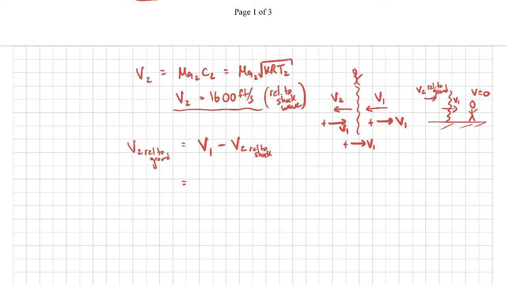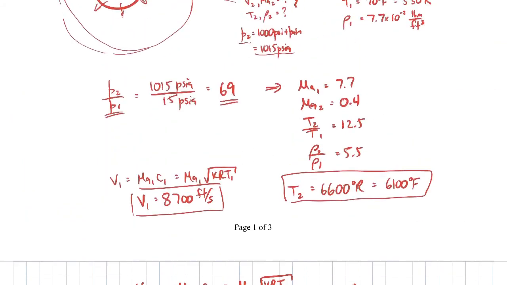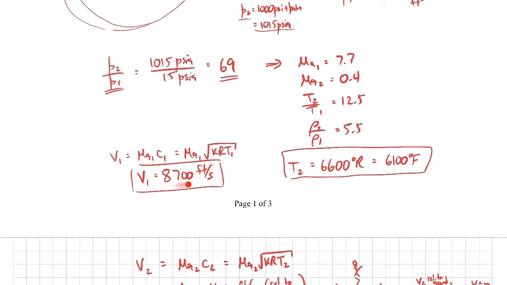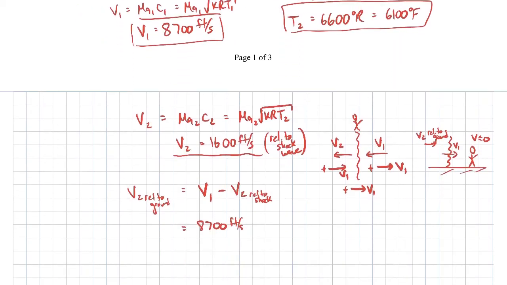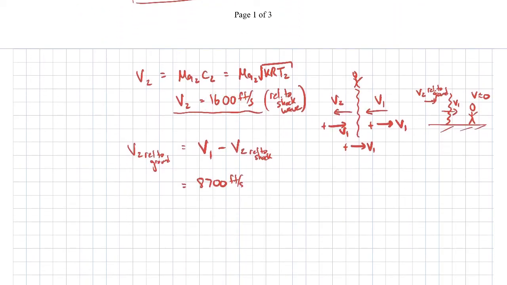We said V1 was 8,700 feet per second. Did I do that right? Yeah. So here's our V1. And then we'll subtract out the 1,600. So this will come out to be 7,100 feet per second. So this is the V behind the shock relative to the ground.